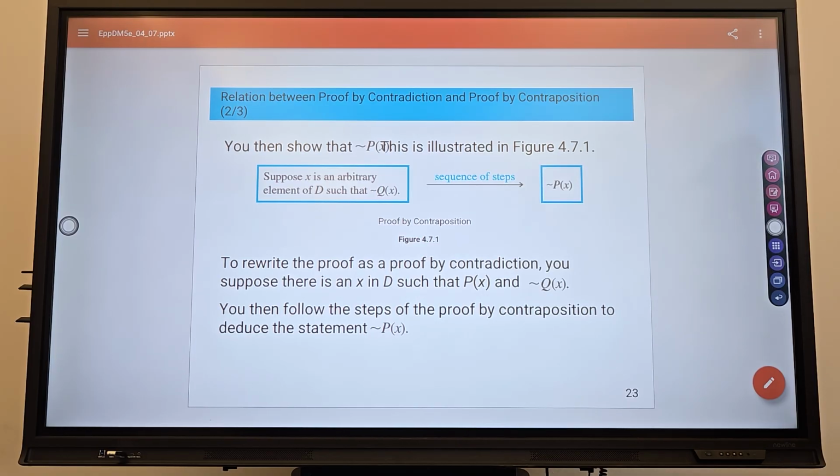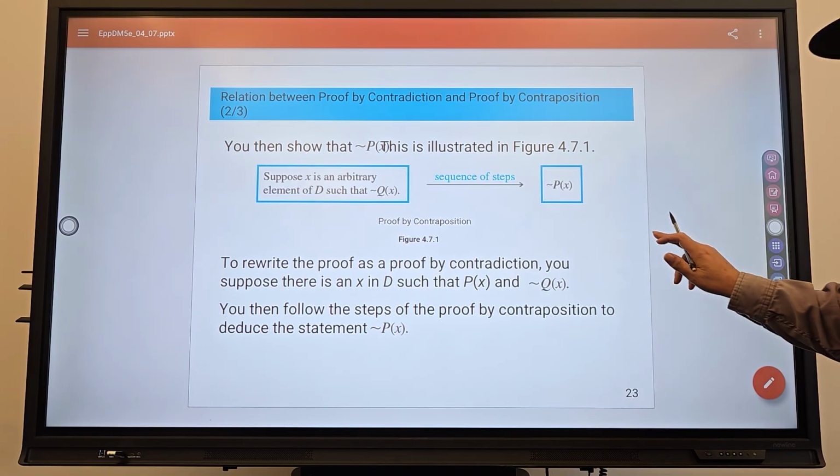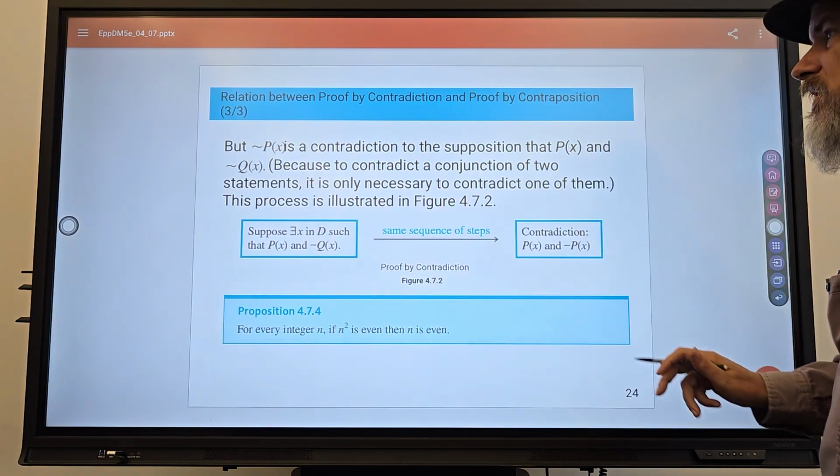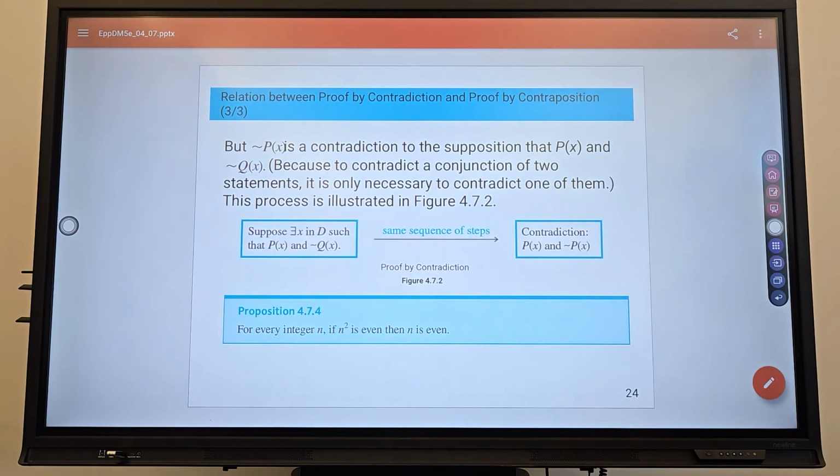You then follow the steps of the proof by contraposition to deduce the statement not P of x. But not P of x is a contradiction to the supposition that P of x and not Q of x, because to contradict a conjunction of two statements, it is only necessary to contradict one of them.